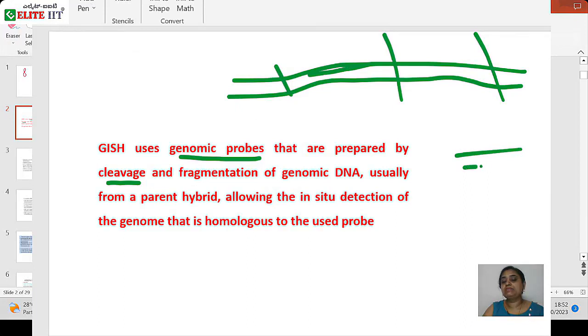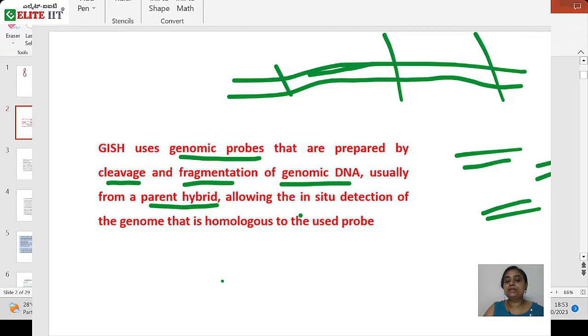So you have to make different fragments from the genome first, then only you can do the hybridization. GISH uses genomic probes that are prepared by cleavage and fragmentation of genomic DNA, usually from a parent hybrid, allowing the in situ detection of the genome that is homologous to the used probe.